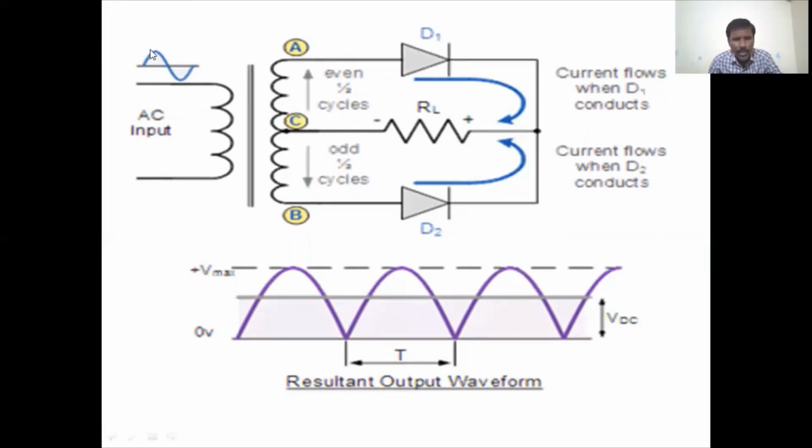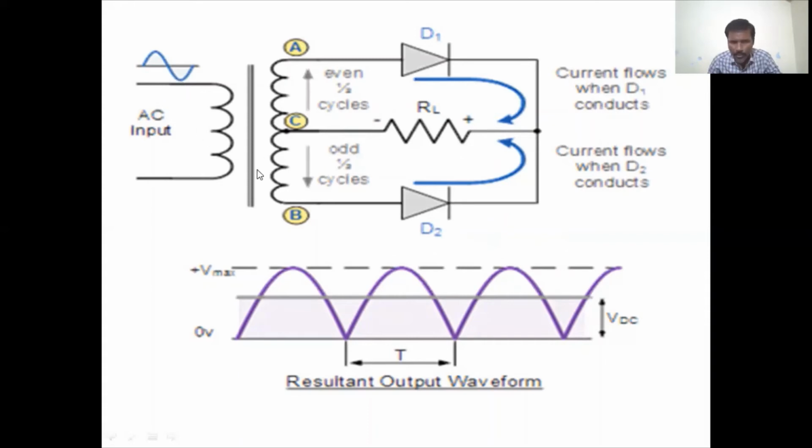When the positive half cycle enters at point A, this diode receives a positive signal at its positive terminal. Then it conducts, that is, the diode is forward biased, and the output is collected at the load resistor RL.